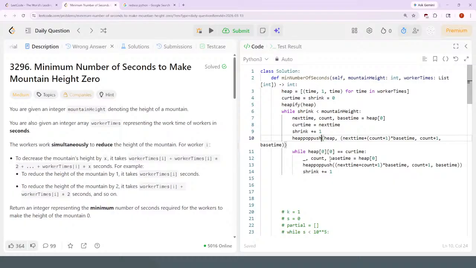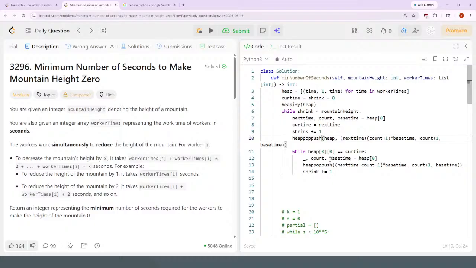Next time plus, so it's going to be 1 plus 2. The ties are going to go in the wrong direction. Is it? Guess maybe not. Maybe ties are fine. Yeah.